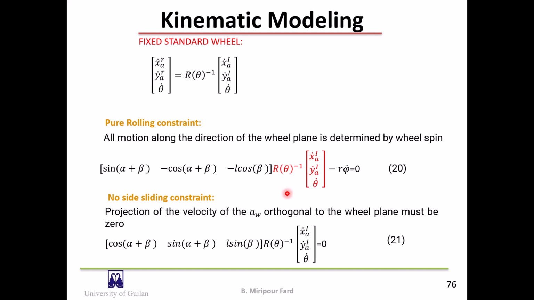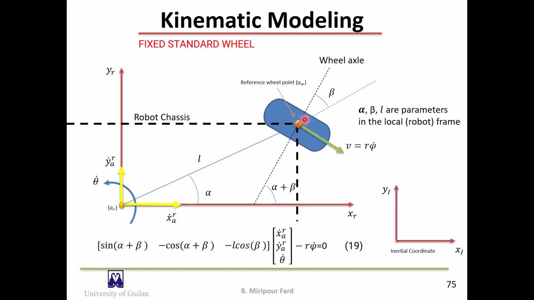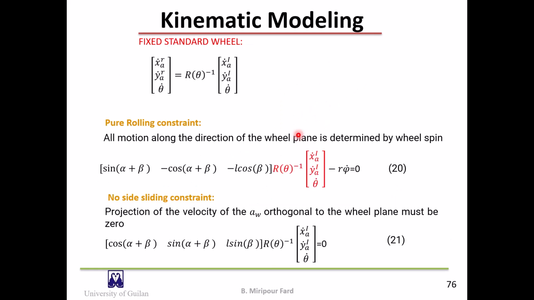Also, if we obtain the component of the velocity of the reference point on the wheel along the wheel axle in this direction, this velocity must be equal to 0 for the condition of no side slipping. In this case, the condition of no side slipping will be expressed as equation 21. In this way, we obtained the constraints imposed on the robot due to the existence of a simple standard wheel in terms of generalized coordinates.